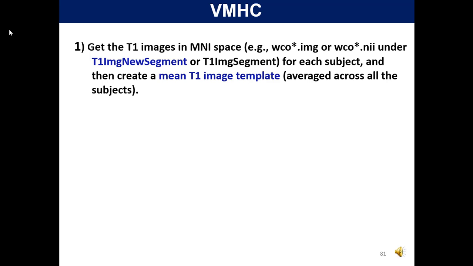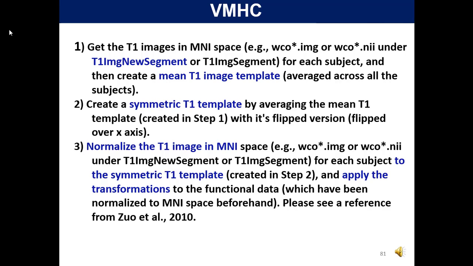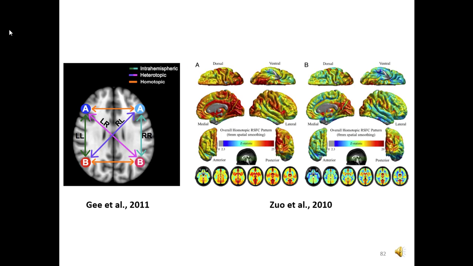And firstly, we need to get the T1 image in MNI space, and then we get a mean T1 image template, and we just flip it and calculate symmetric T1 template, and everybody normalizes to the symmetric template and uses that information applied to the function data. So we want to calculate VMHC, we need to make sure the brain is as symmetric as possible. And after that, we calculate correlation between one voxel with its counterpart at the other hemisphere, and we have VMHC maps.